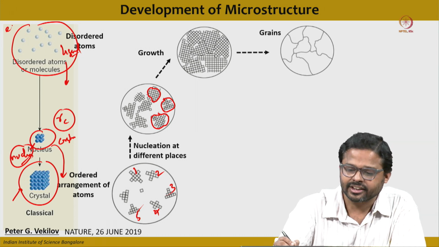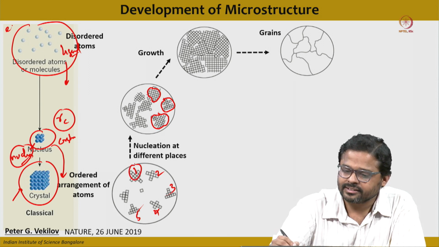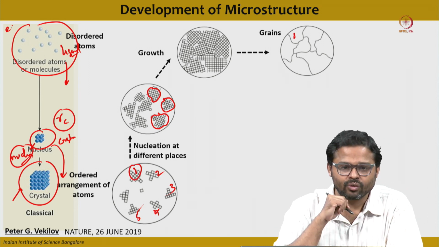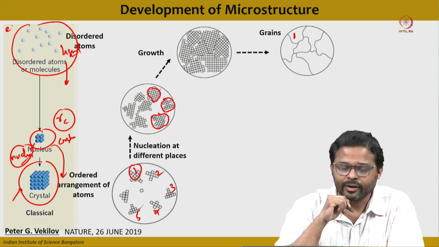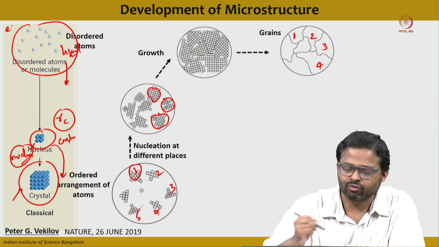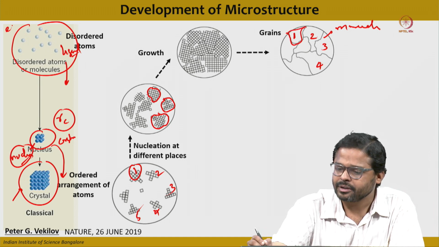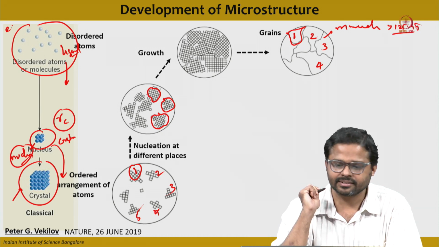get is a grain structure. So this particular grain corresponds to one orientation. This is the second orientation, third orientation, fourth orientation. So this is how overall a microstructure develops, where these grains are surrounded by grain boundaries, and these grain boundaries have a misorientation. Mostly it is more than 12 to 15%. These are called grain boundaries. Fine.